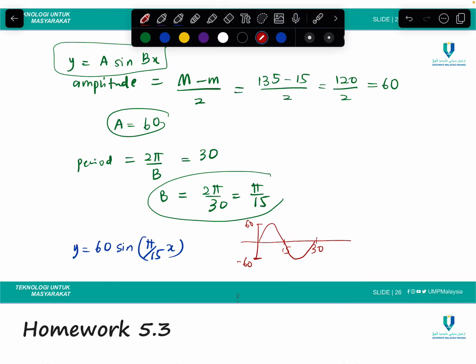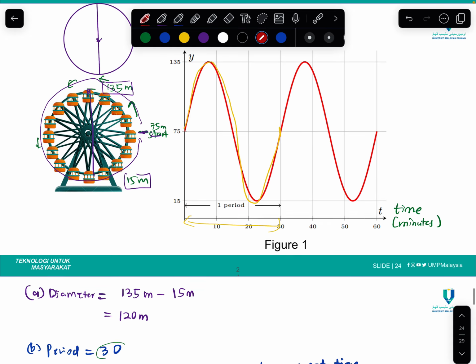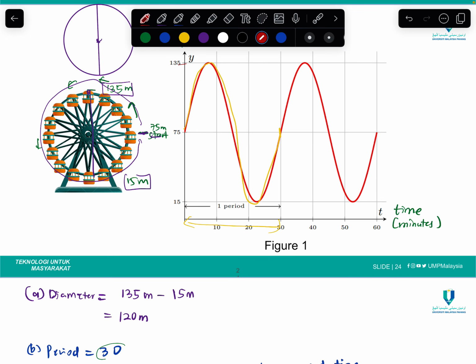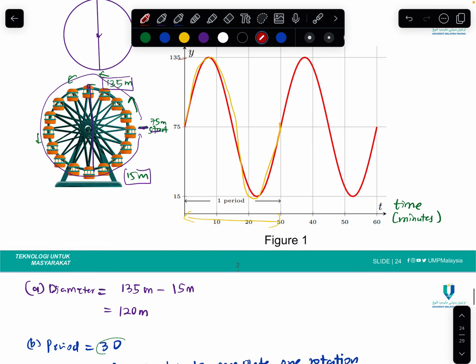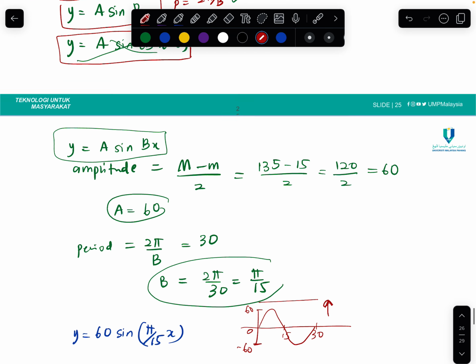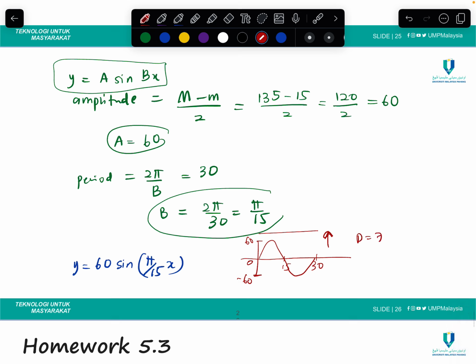The minimum value is negative 60 and the maximum is 60, but that is not our case. We have 135 and 15 here, so you have to shift up. Not 0, but the middle line here, which is 75. So now your D is 75, which means the actual formula should be added by 75. So this is your answer. You have a vertical shift here.